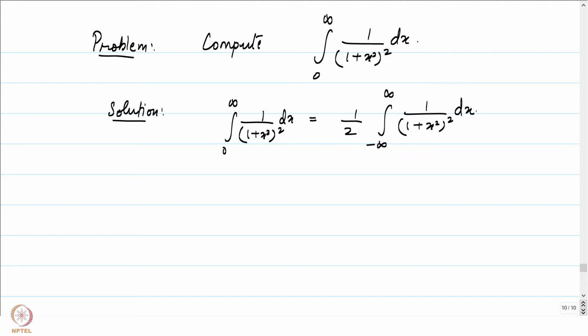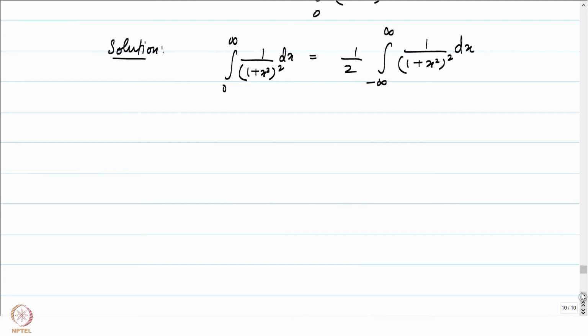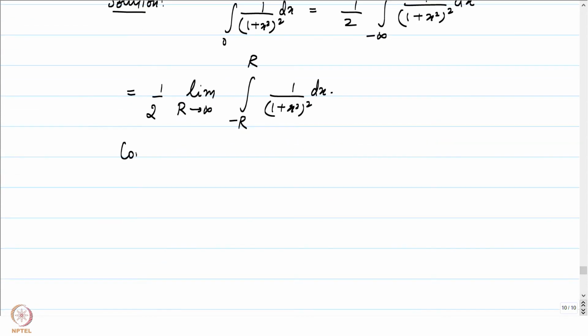Being an even function, this certainly holds, and this is now the limit as R goes to infinity of half of the integral from minus R to R of 1 by (1 plus x squared) the whole squared dx. Let us now consider the function f of z to be 1 by (1 plus z squared) the whole squared.